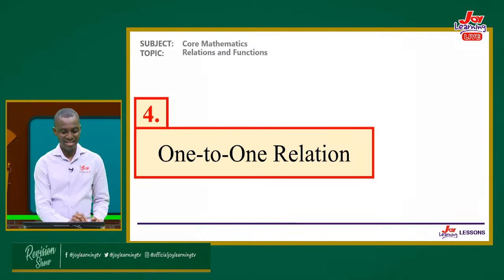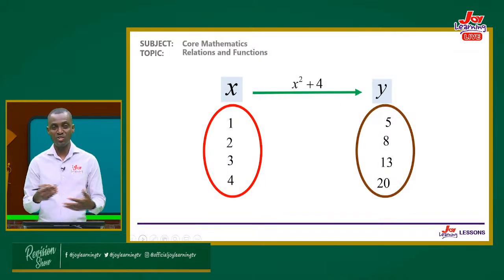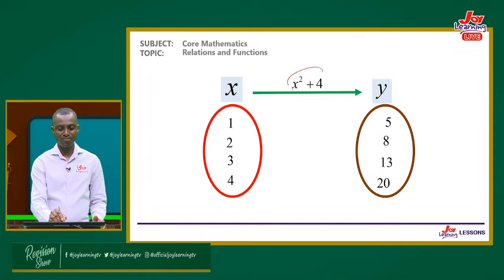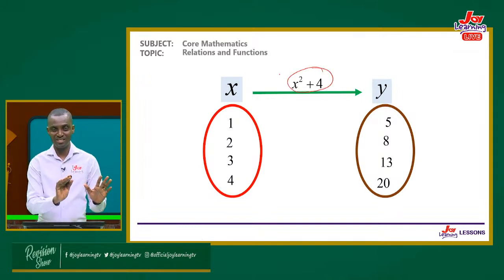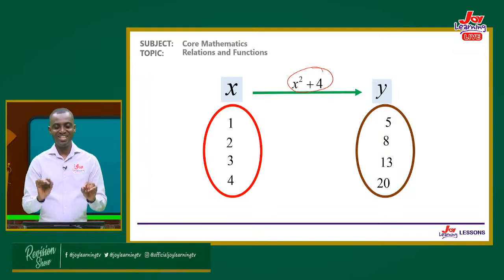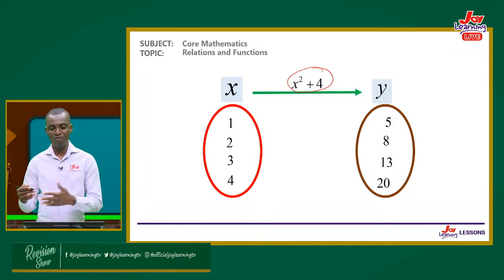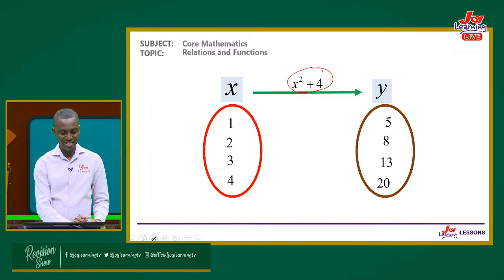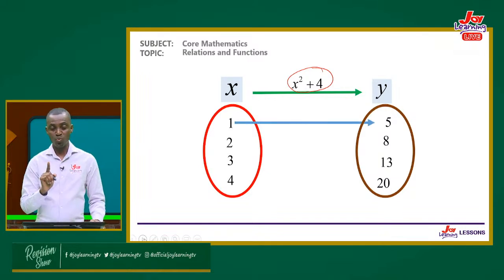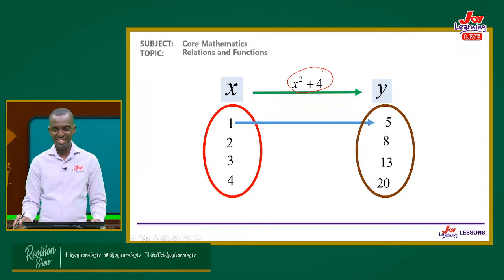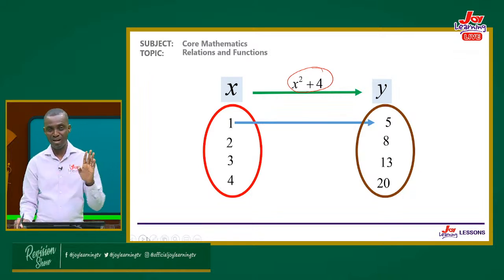So in mathematics, you also can create a one-to-one relation. Let's say I have a relation, because we're not talking about functions yet, talking about relations, called s squared plus 4. If I put s as 1, then I square 1 plus 4, which gives me 5, and that will be only 5.